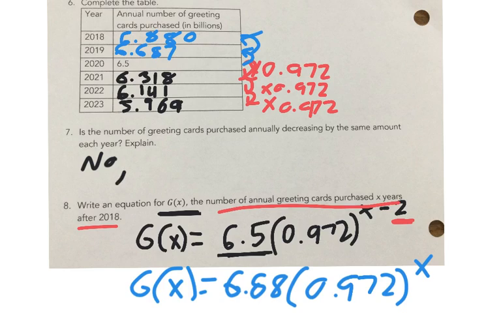And because of that, what's happening to the decrease each year? Look from 2018 to 2019, how much did I go down? I went down by nearly 0.2, about 0.193. What about from 2019 to 2020? Going down by 0.187.